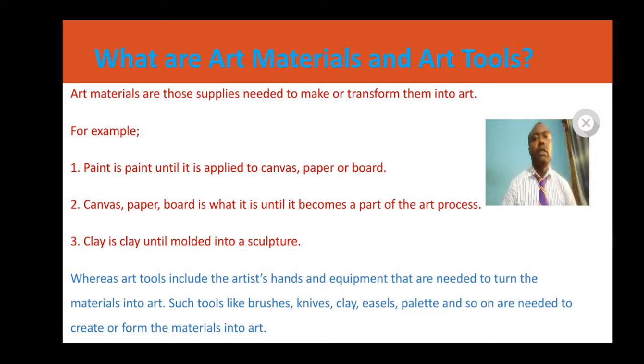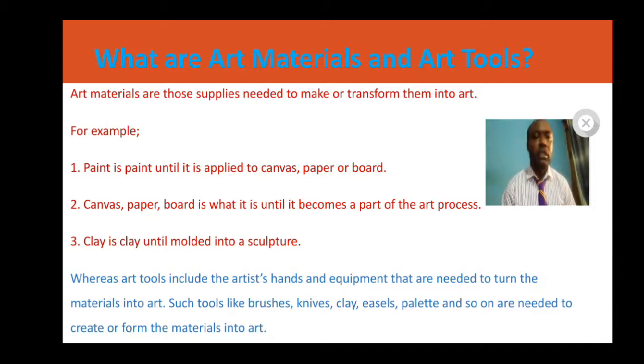For example, 1. Paint. Paint is paint until it is applied to canvas, paper, or board. When a paint is not applied to a surface, it is not yet called an artwork. It is still a material.